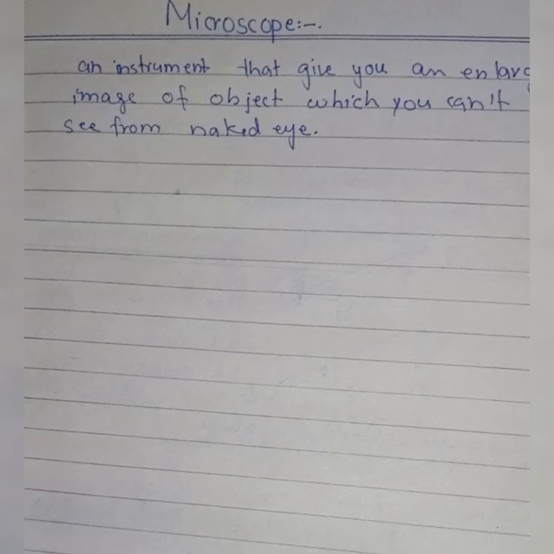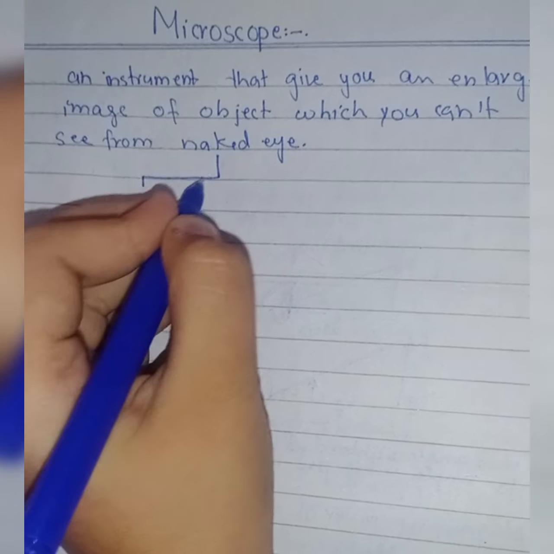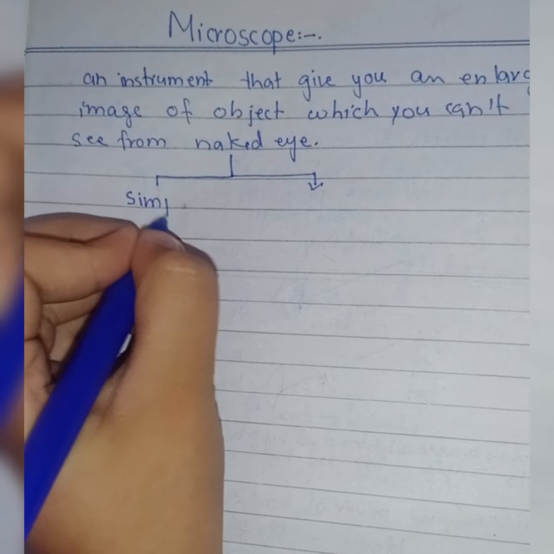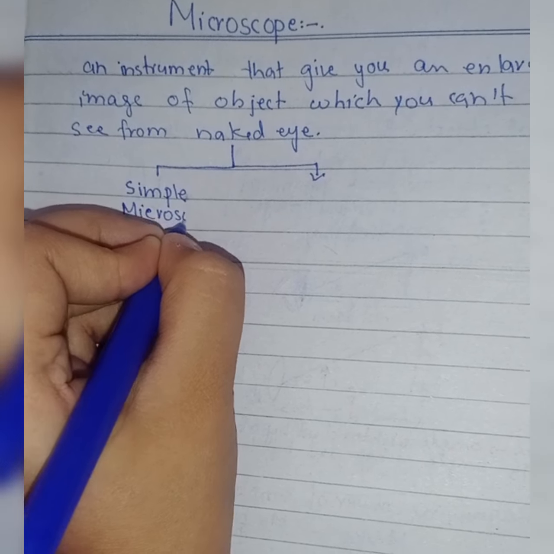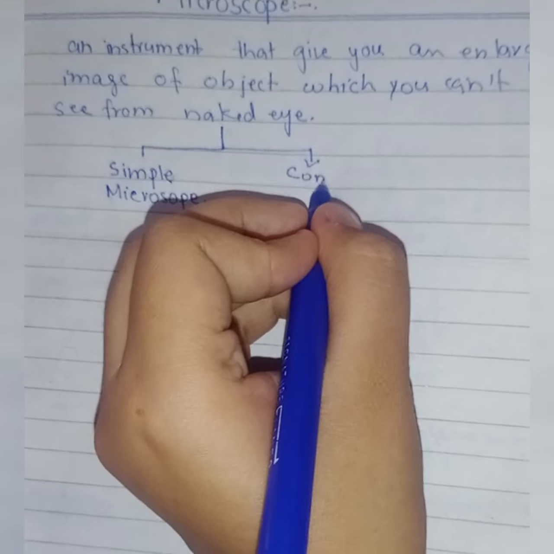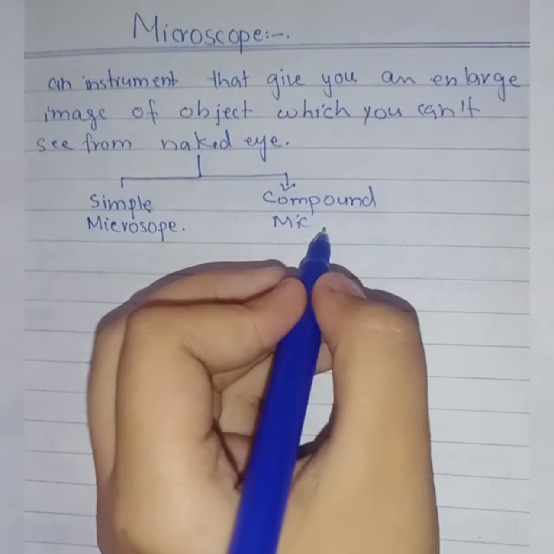Okay, so now here we have two types of microscope. Number one is the simple microscope, while the other is the compound microscope.